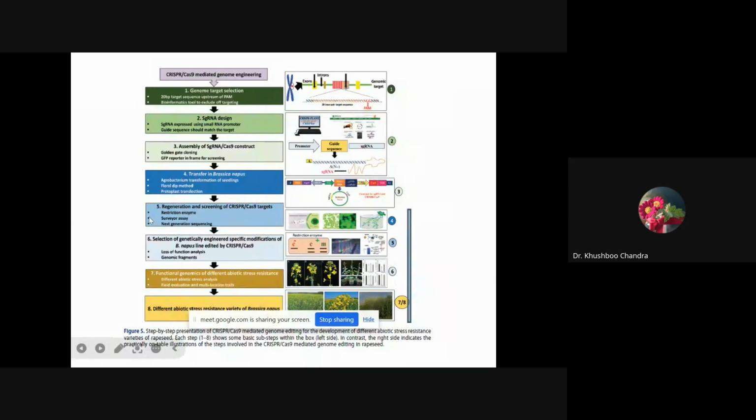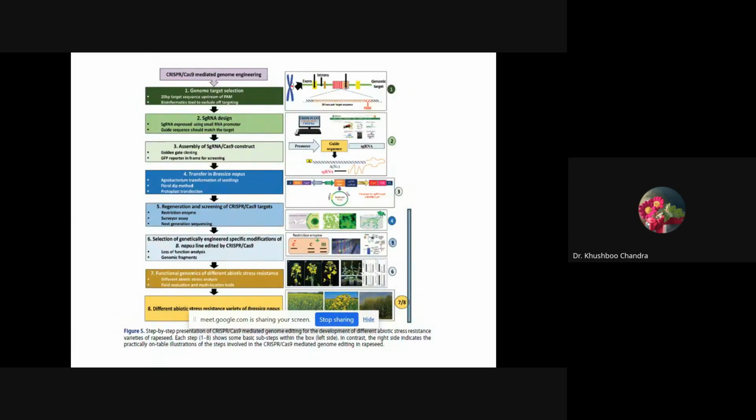If the transformation occurs, then we do the regeneration and screening of the CRISPR-Cas9 target. For that, we require the restriction enzyme assay, and then the selection of the genetically engineered, specifically modified line, which is ultimately edited by this CRISPR-Cas.